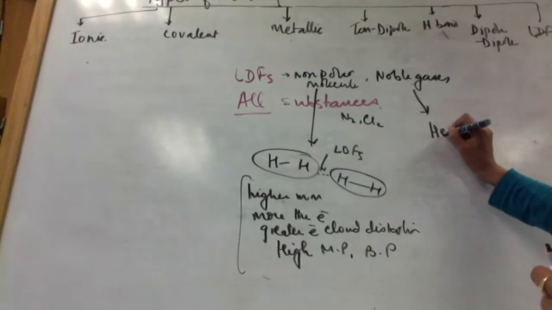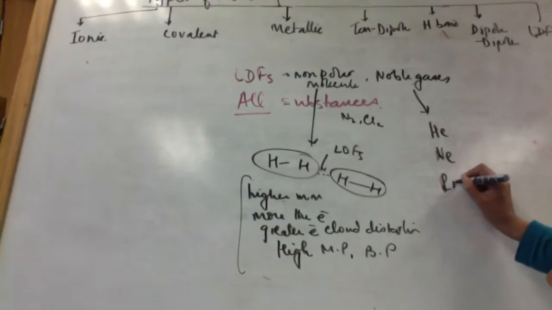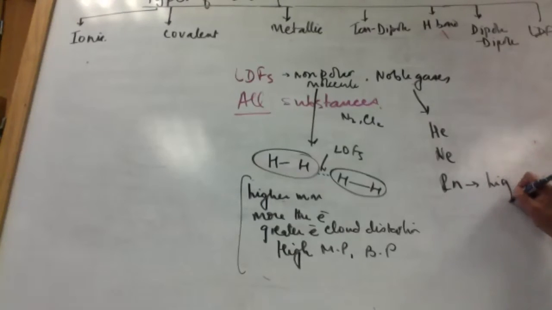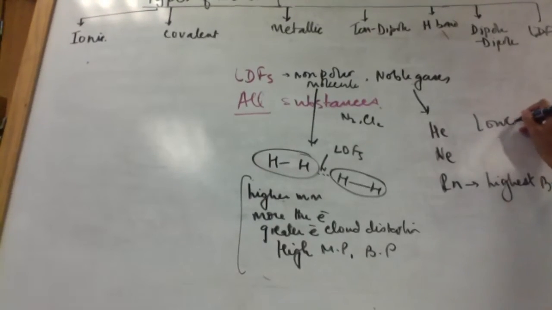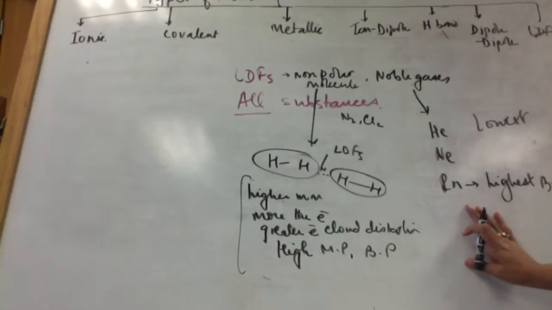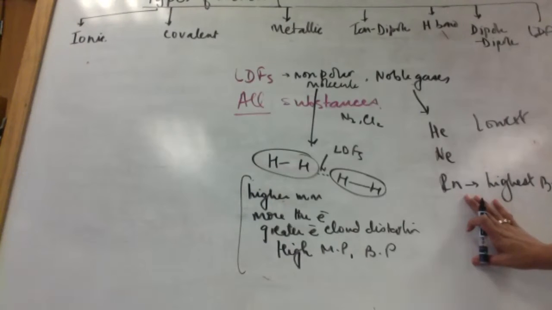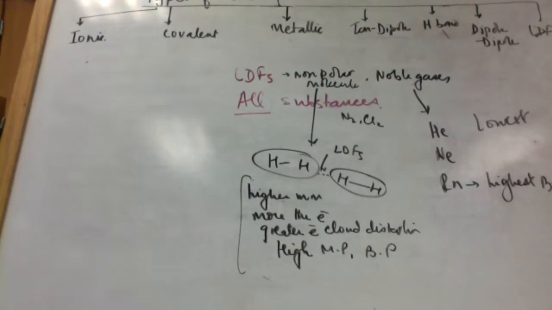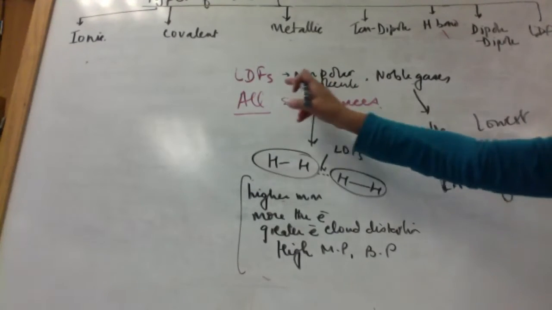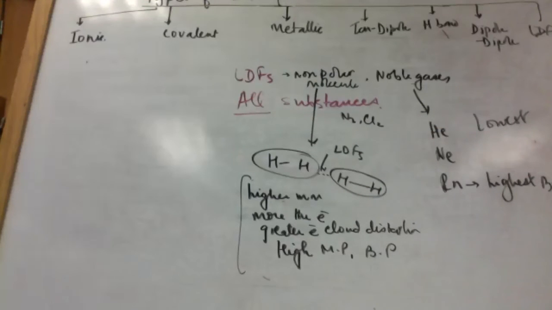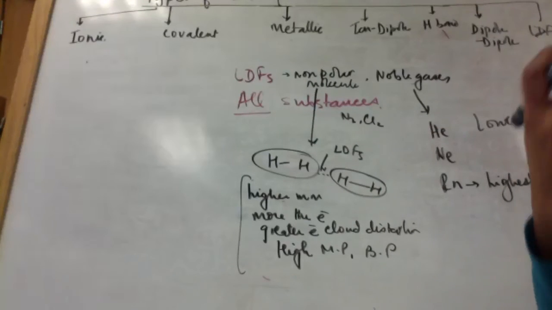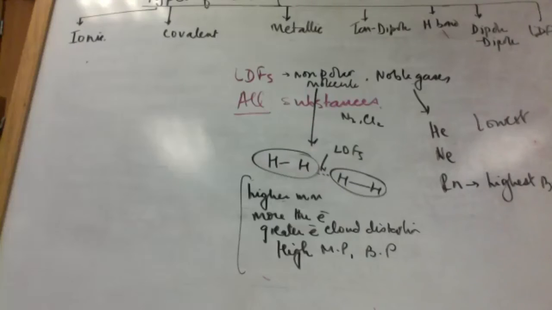It is the same reasoning for noble gases, for helium to neon to radon. Radon will have the highest melting point or boiling point, and this one will have the lowest, because the highest number of electrons here in radon will cause more distortion, more polarization. And remember, guys, LDFs are temporary dipoles. Polarization happens, then electrons redistribute, it disappears.